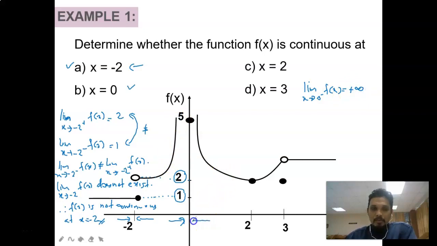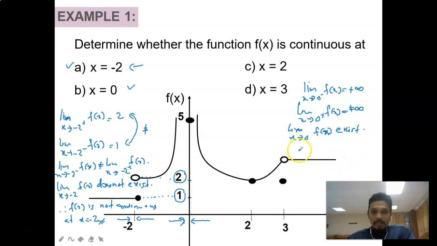And also when x approaches 0 from the right side, the graph also moves up. The limit as x approaches 0 from the right of the function f(x) also gives positive infinity. So the limit of f(x) as x approaches 0 exists.